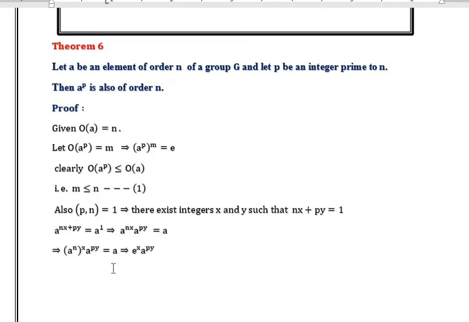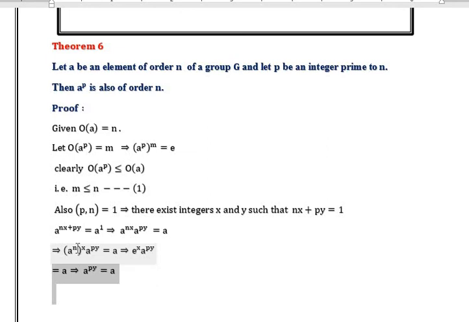This implies (a^n)^x into a^(py) is equal to a. Here we have taken a^(nx) as (a^n)^x and a^(py) as it is.